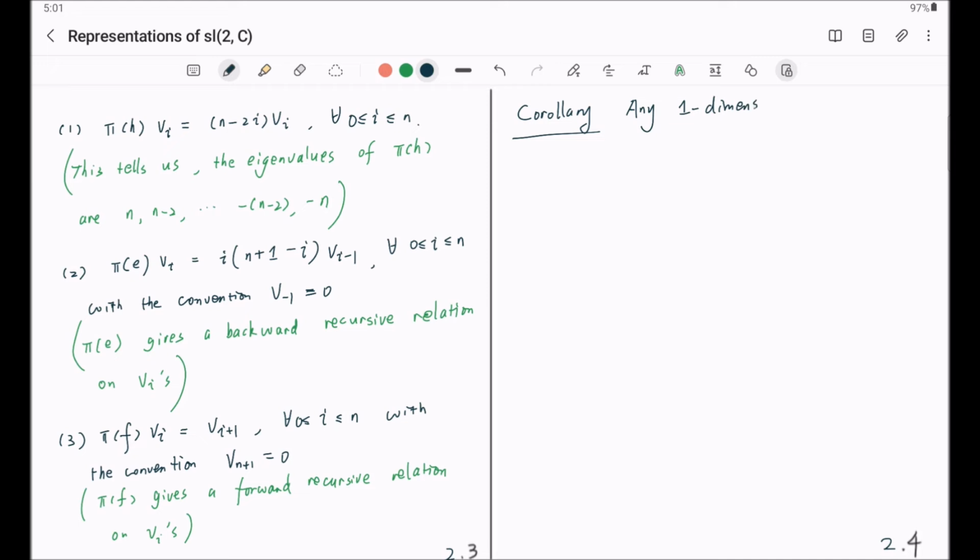one-dimensional representation of little SL2C is 0. And the proof is quite easy. First of all, any one-dimensional representation of SL2C must be irreducible.